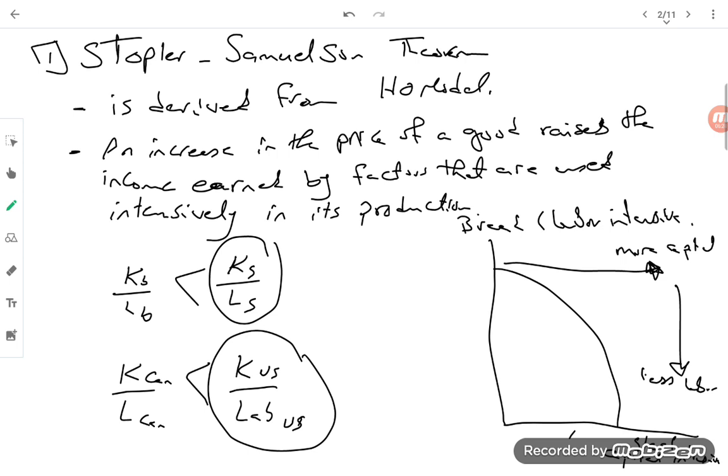So what would Stolper-Samuelson like to say in this case? Stolper and Samuelson is like the starting point for understanding the distribution of income effect of trade. Trade will affect the distribution of income between countries and between citizens as well. So how does trade affect distribution of income?